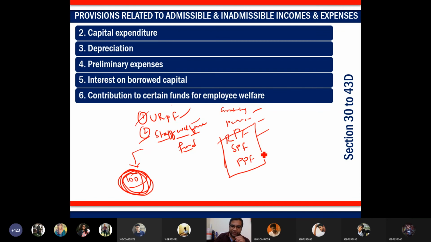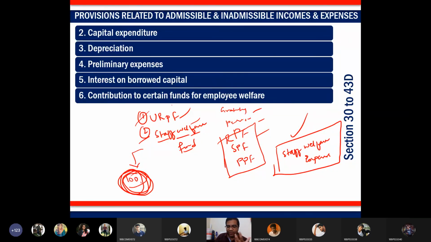Now, apart from these two, there is one confusing item which I want you to remember. It is called staff welfare expense. So don't get confused between staff welfare fund and staff welfare expenses. Staff welfare expenses are allowed. What are staff welfare expenses? Let's say we are having a birthday celebration of the employees, for which I'm only spending money. I'm getting the cake and giving it to all employees.